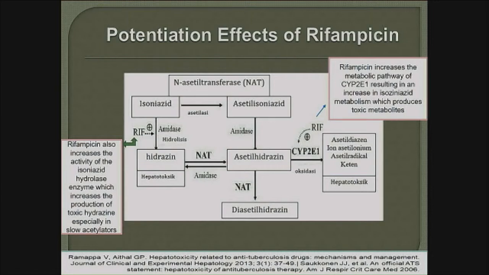So this is the potentiation effect of rifampicin. The combination with rifampicin will potentiate the hepatotoxicity effect. Rifampicin will increase the metabolic pathway of CYP2E1, resulting in an increase in isoniazid metabolism, which produces toxic metabolite. Rifampicin also increases the activity of the isoniazid hydrolase enzyme, which increases the production of toxic hydrazine, especially in slow acetylators.